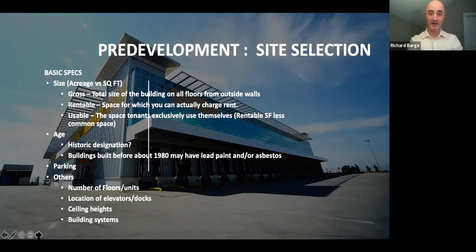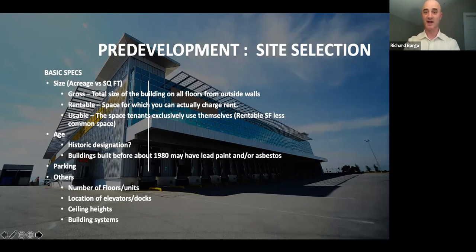The other really important thing about a building is, how old is it? Obviously buildings that are 100 years old have a very different life expectancy than buildings that were built yesterday. So in understanding the age of buildings, there are different historic designations. In Cleveland, there are many different historic landmarks.